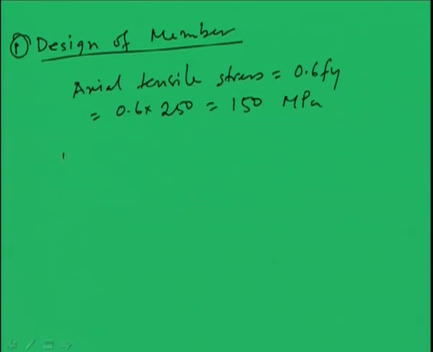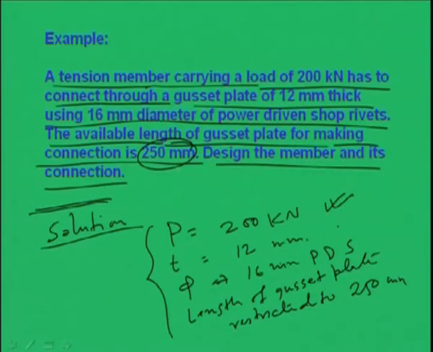Now we can find out the required net area, A net. That will be basically P by sigma AT. So P is given as 200 kilonewton.